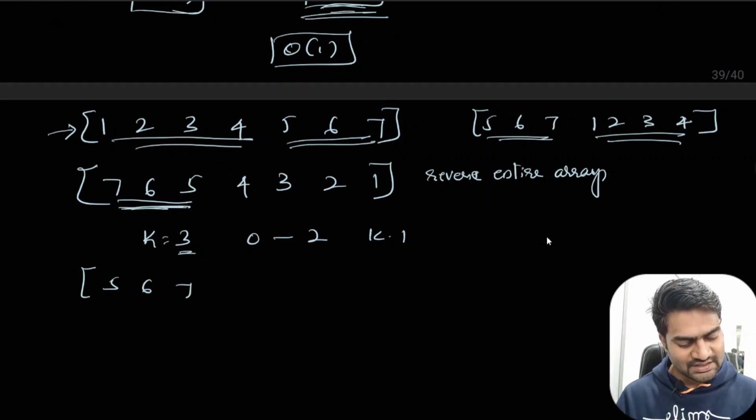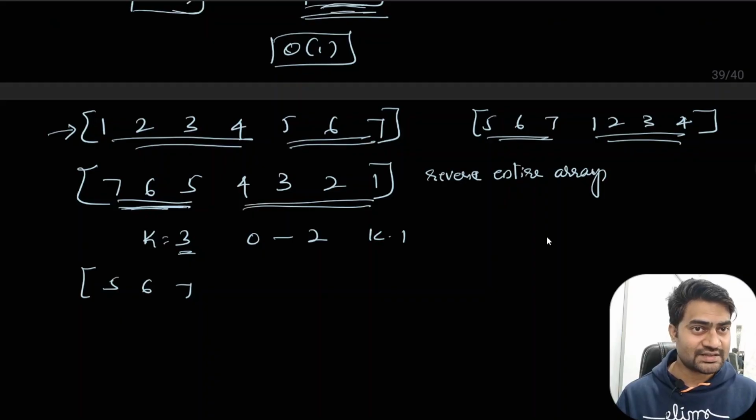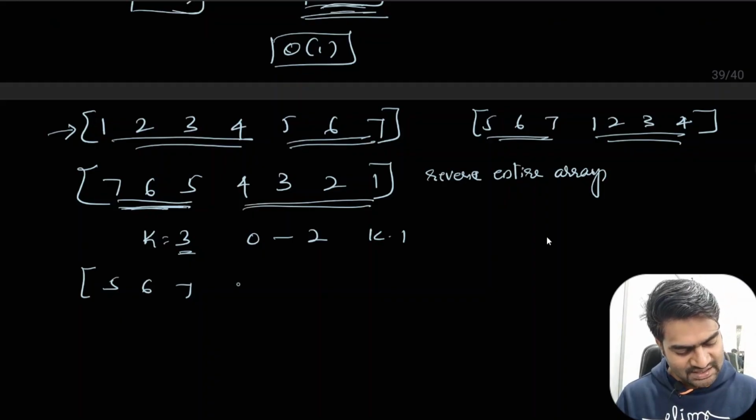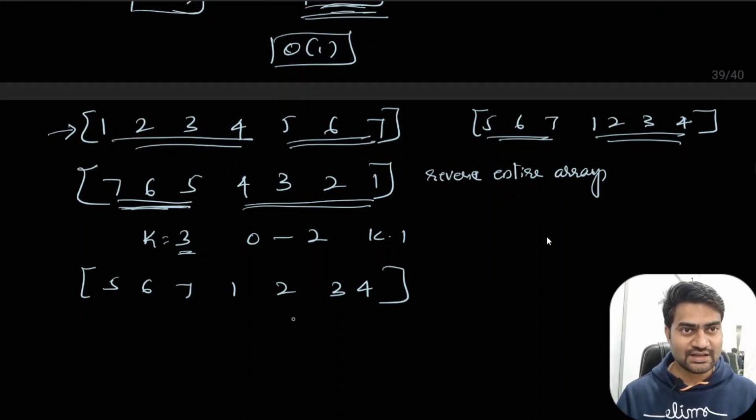After this, the remaining values, again I will reverse them separately. So they will be 1, 2, 3, 4. If you see, we got the rotation we wanted.